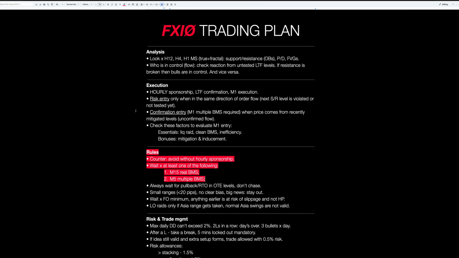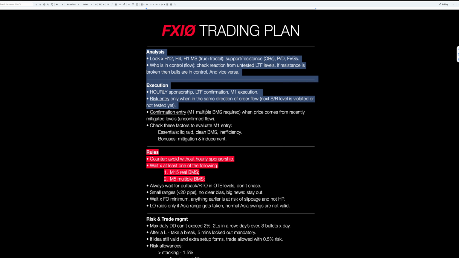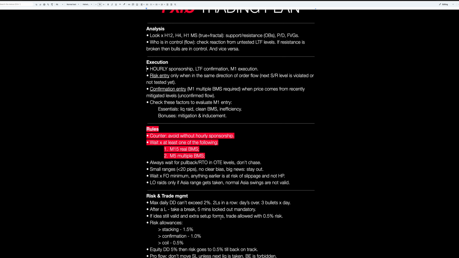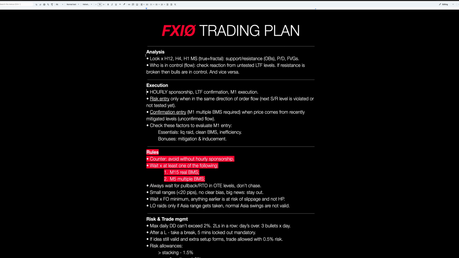Okay, we analyzed the whole trading plan so far, my analysis and my execution. For the execution so far, we talked about the entries. We didn't talk about exit, so it's not complete, but I'm gonna talk about this later in the plan.